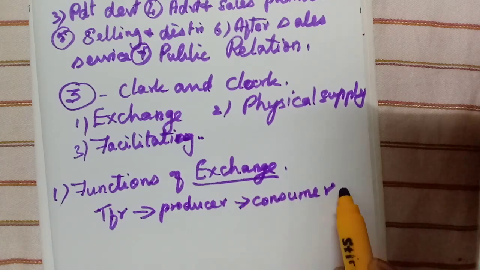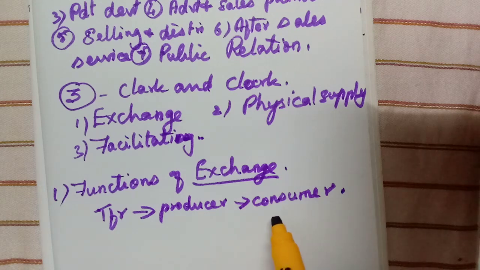So they will get money for the exchange. When they hand over the goods, they will get back the money. So here this can again be divided into two.